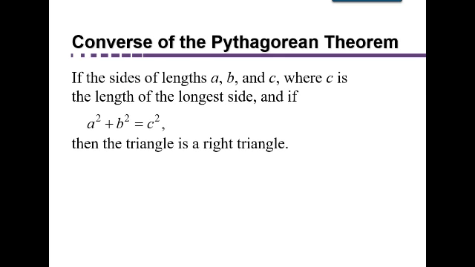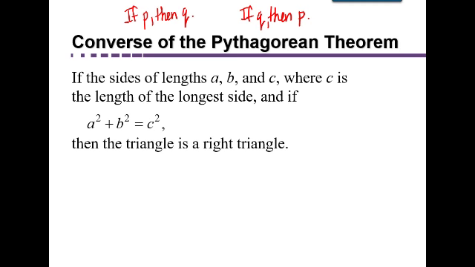Okay, now remember when we studied logic, we learned that if you have the conditional statement if P then Q, then the converse of that was if Q then P. So I want to talk about the converse of the Pythagorean theorem.